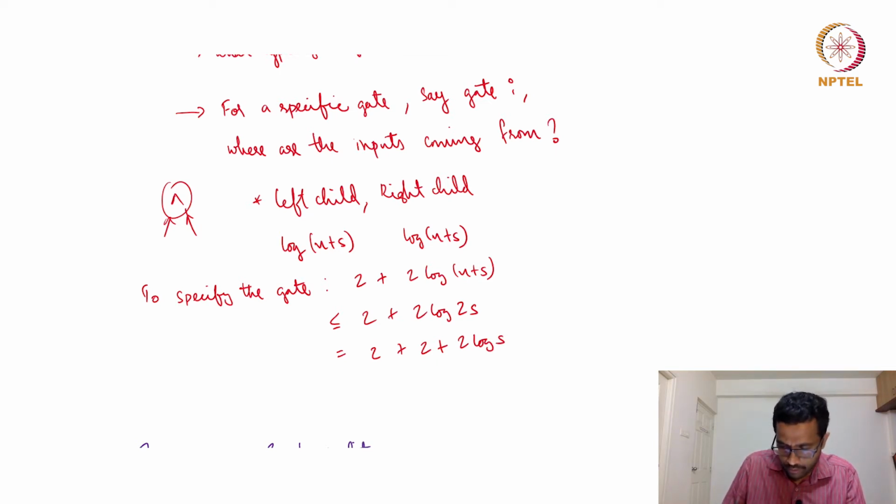So we have a constant 4 outside, but 4 plus 2 log S we could just upper bound by 3 log S.